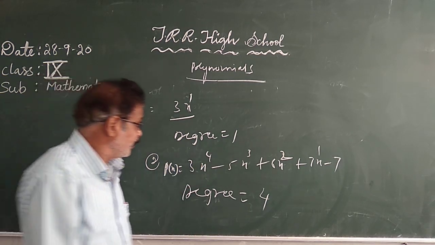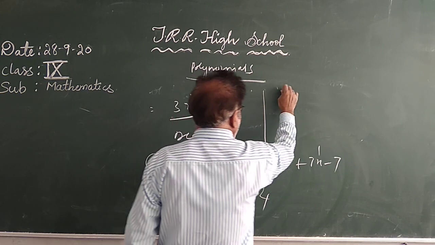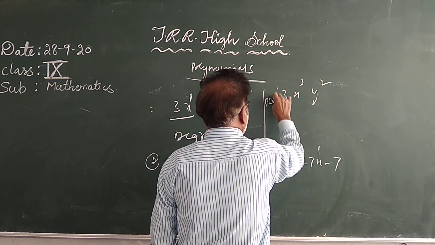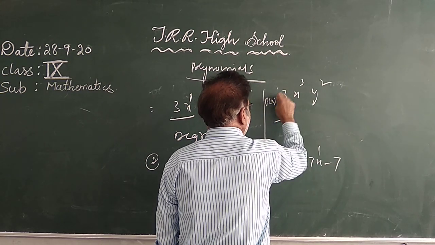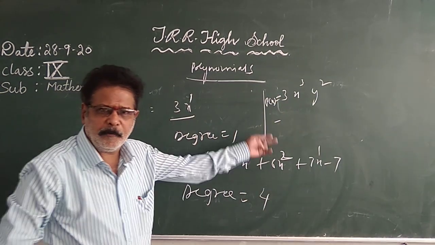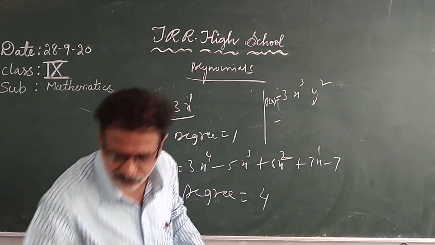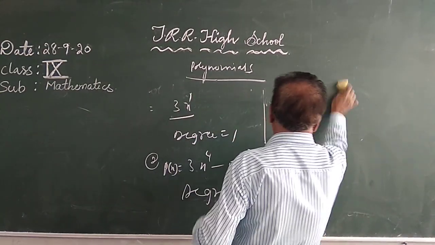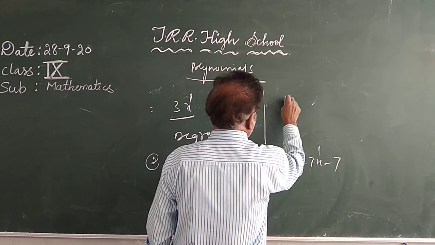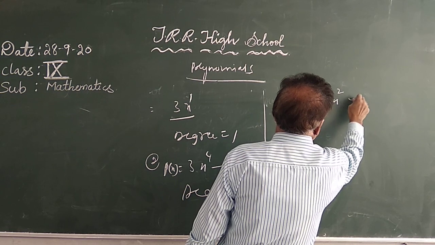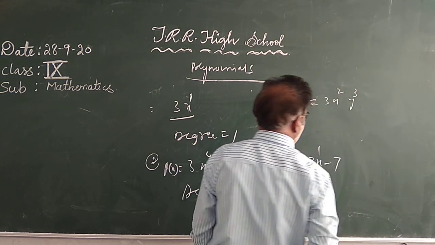Degree is 4. Now in the case of a monomial like 3x cube y square, what is its degree? This is a monomial, a single term. P of x is equal to 3x square y cube.